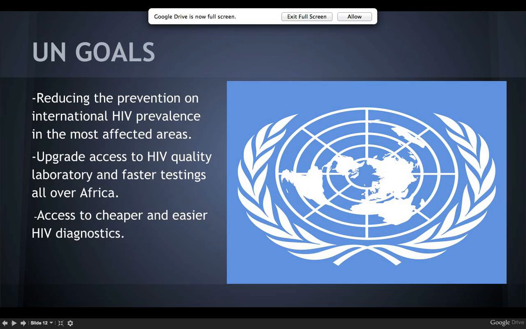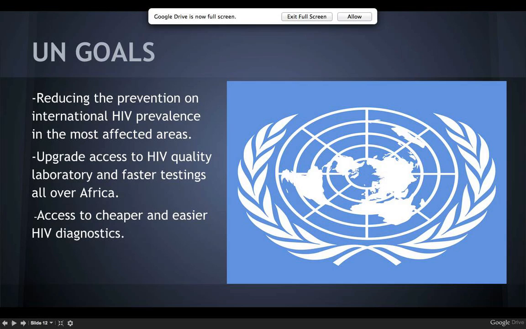Okay, so the UN goals have always been to decrease the population of people who have HIV. But first they needed efficient treatments, faster and cheaper testing, and all of those things. This has been since 2003.